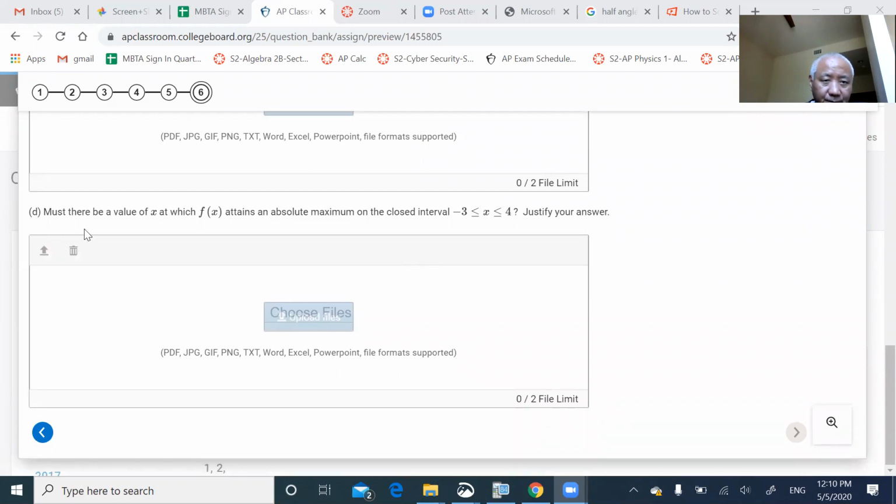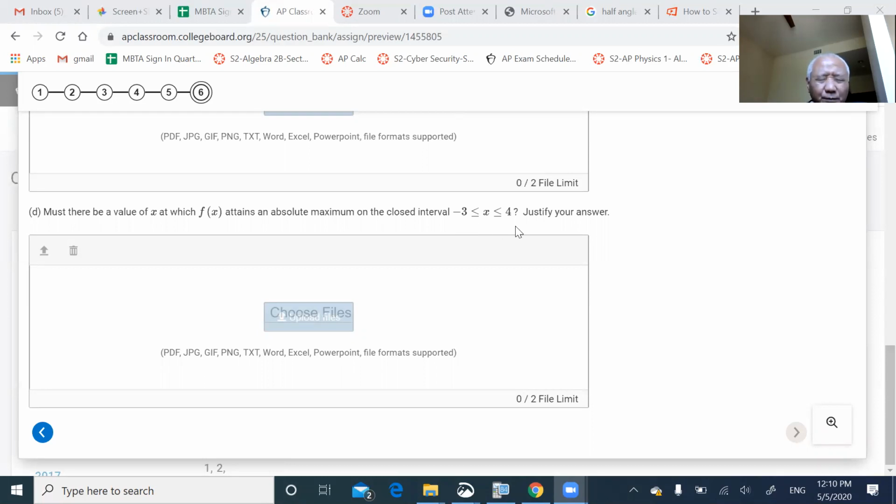They said, must there be a value of x at which f(x) attains an absolute maximum on the closed interval of -3 to 4 inclusive.